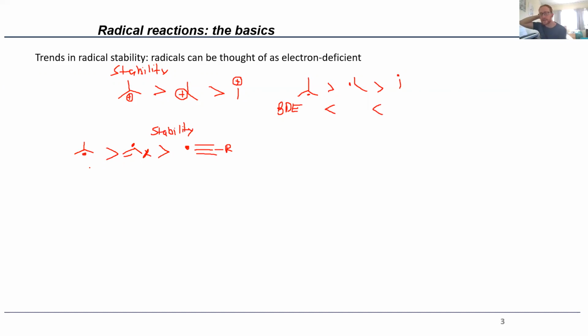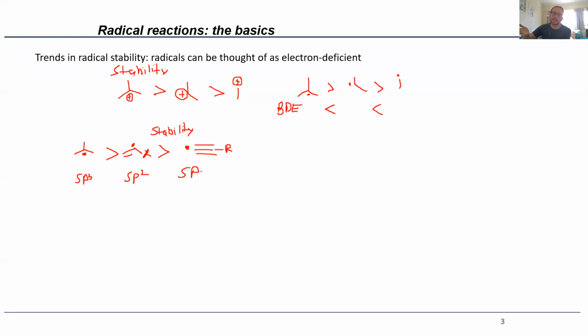And so why is this? Classically, we can think about this as a hybridization argument. This radical lies in an sp3 orbital. It adopts an sp2-like conformation, but it's really an sp3 orbital that inverts rapidly. This is an sp2 orbital, and this is an sp.